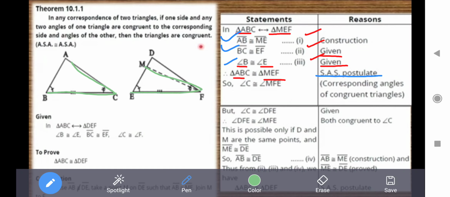Why? Because corresponding angles of congruent triangles are congruent. This is a reason. But we know in the given we wrote angle C is congruent to angle DFE. We can also write like this. Angle C is congruent to angle DFE. Clear?